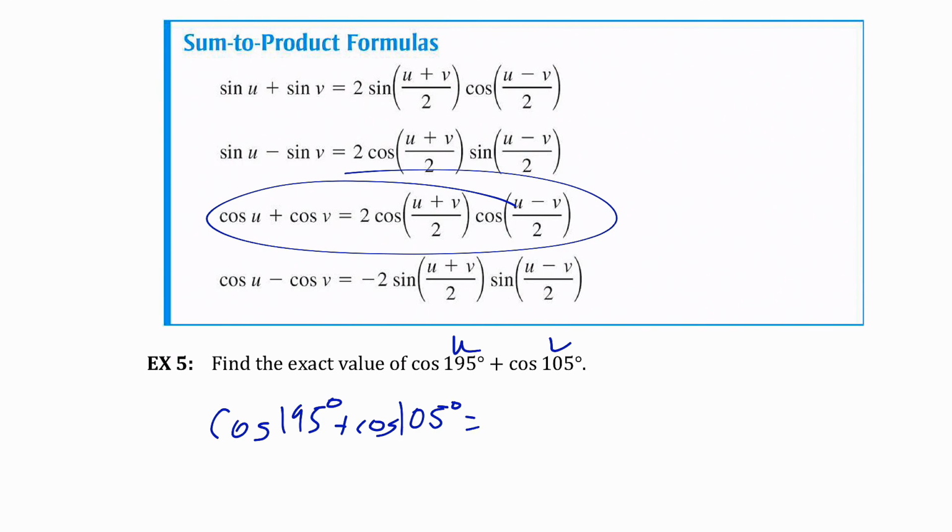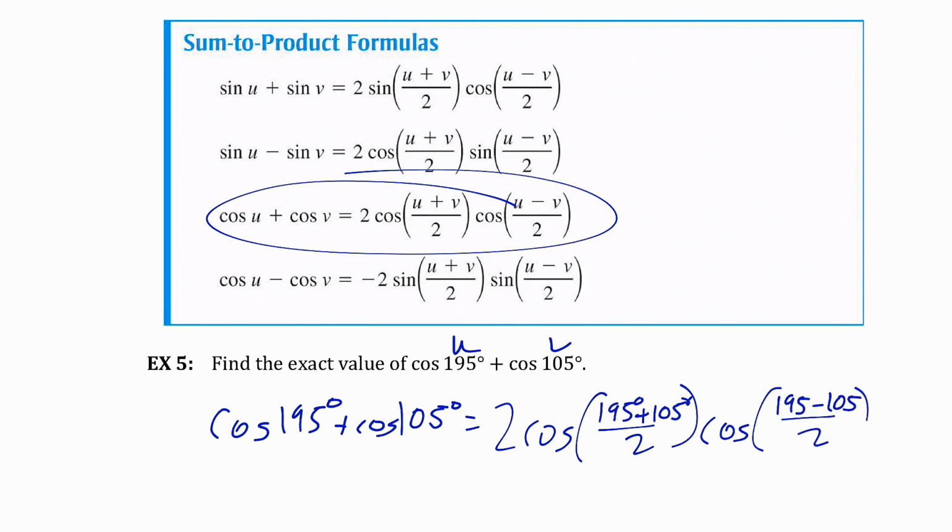So we got 2 times the cosine of u plus v, in this case 195 plus 105, divided by 2, we'll clean that up in a second, times the cosine of u minus v, so 195 minus 105 over 2.